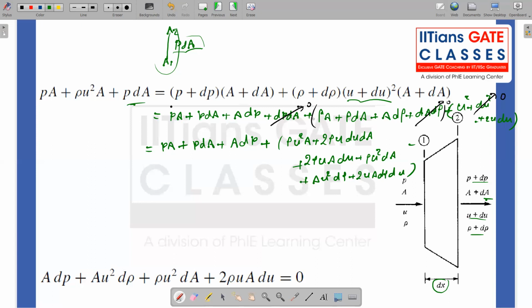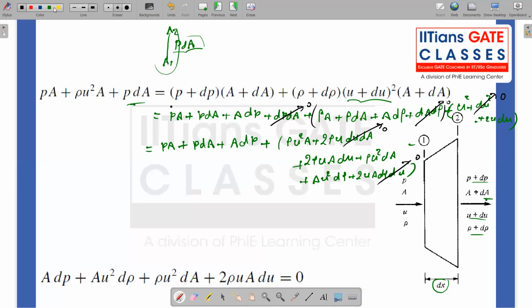So again, the same argument, the higher order terms, whichever having the two differentials multiplying each other, I am going to neglect: du dA is 0, and d rho du is again 0.